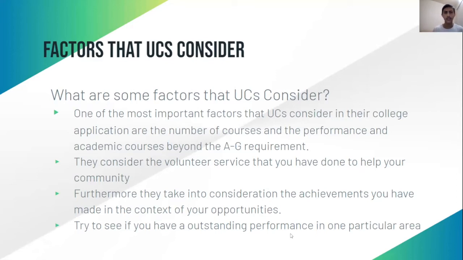What type of impact have you created in the world, and how can this impact be portrayed? Following that, have you done other opportunities like research, internships, or other extracurriculars that stand out? And one thing they really care about, not just UCs but any college, is whether you have an outstanding performance in any particular area.